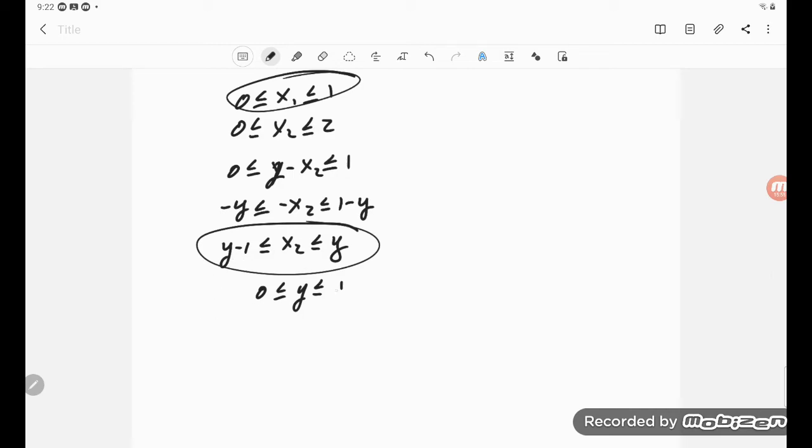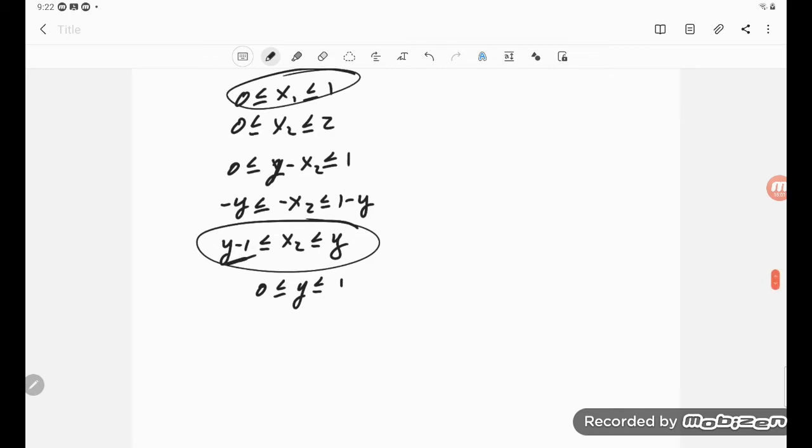And if y is up as big as 1, we still just get a 0 here for the lower bound. But the upper bound could be y, because I could have y as a half or something like that. And so here we end up with 0 less than or equal to x2 less than or equal to y. That is the same bound we had before.